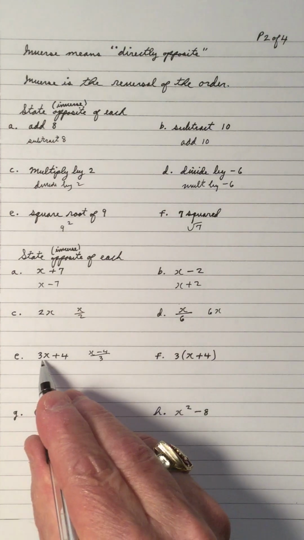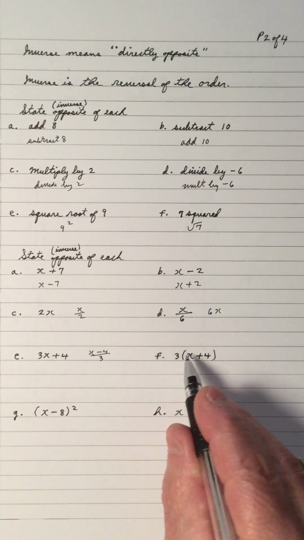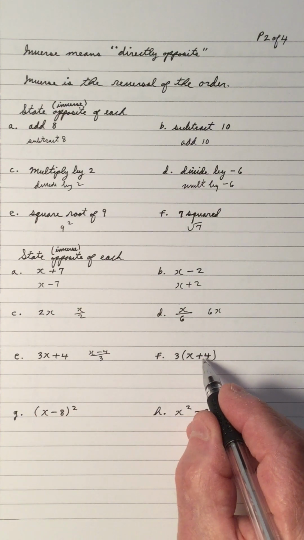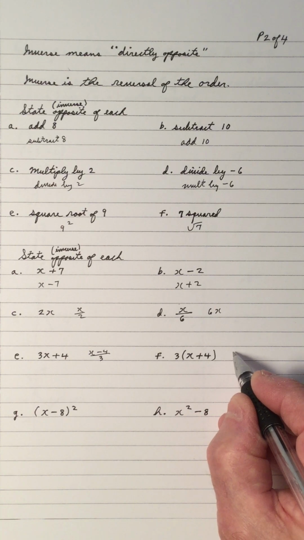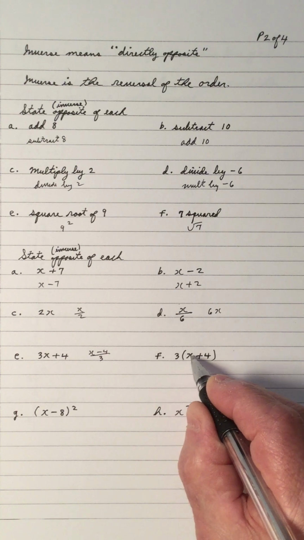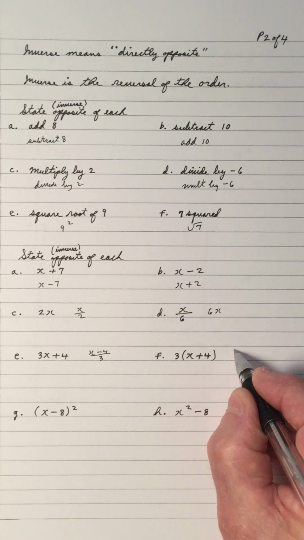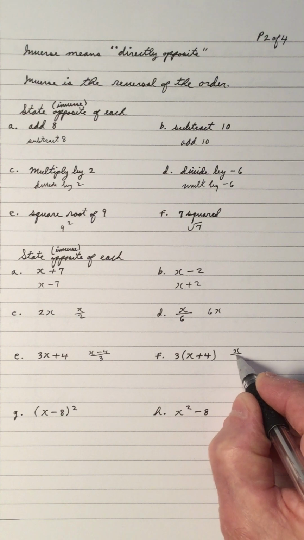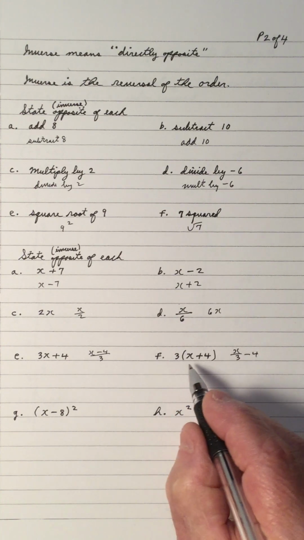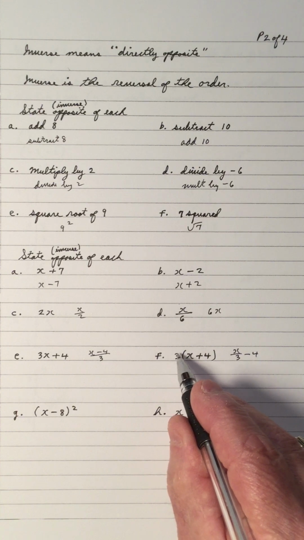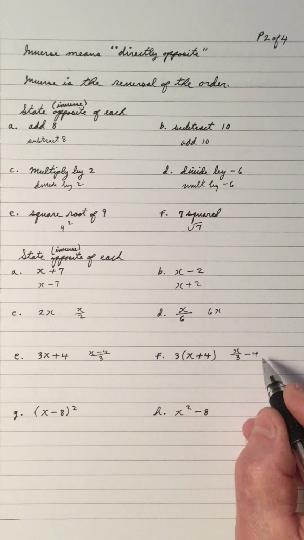And in this one, very similar to the expression above, you've got 3 times x plus 4. You're trying to solve this for x, so you would divide by 3 and then subtract 4. So the inverse of multiplying is division, the inverse of adding 4 is subtracting 4.